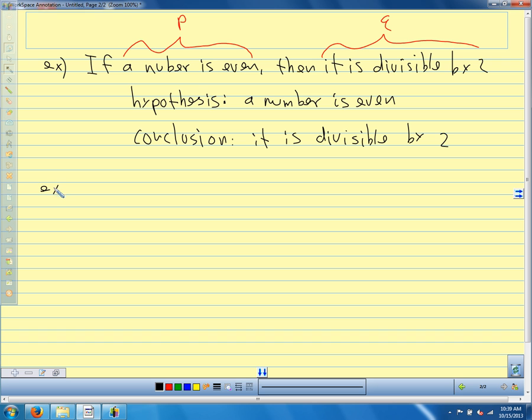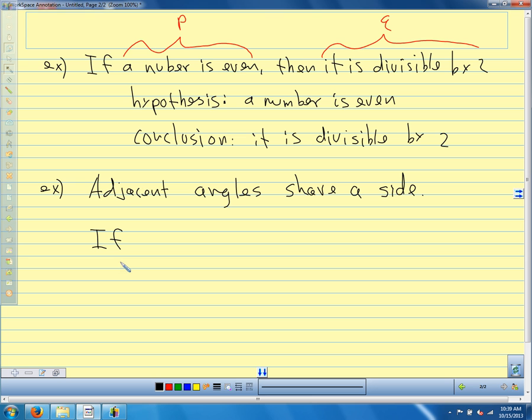So let's write this next one as a conditional. I'm going to just make a statement. Adjacent angles share a side. And we want to rewrite this as a conditional statement. So I'm going to write if something.